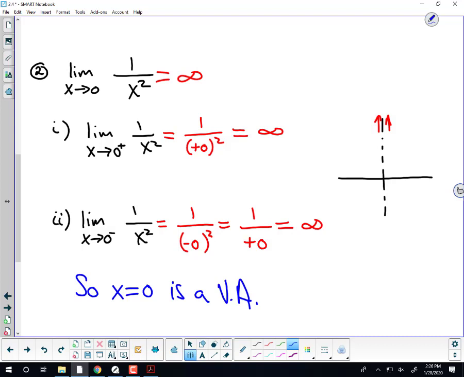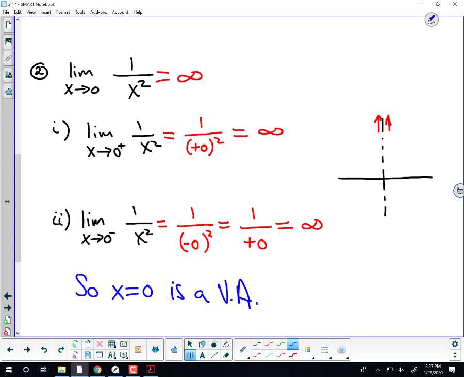Now, you could see a really weird function where from the left it's 5 and from the right it's infinity. Just know that if either one of those limits from the left or the right is ever infinity or negative infinity, you're going to have a vertical asymptote there. We don't see functions that have a vertical asymptote on one side and something else on the other, but one of these one-sided limits being infinity is enough to tell us that.